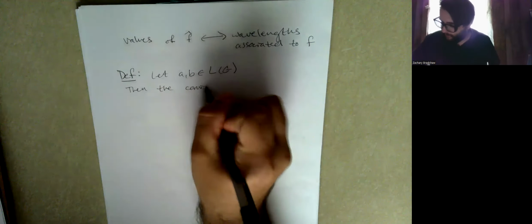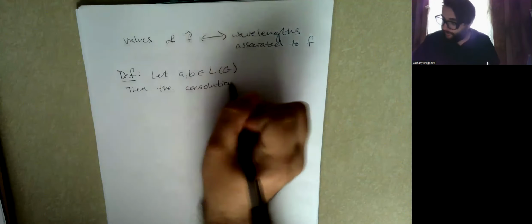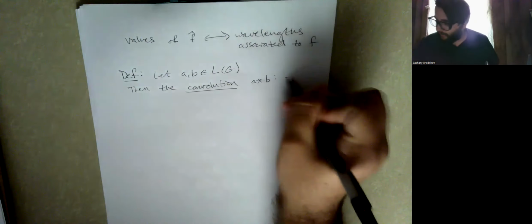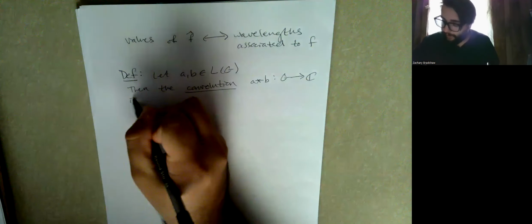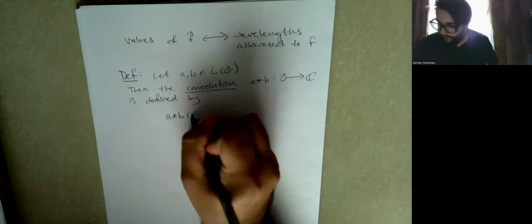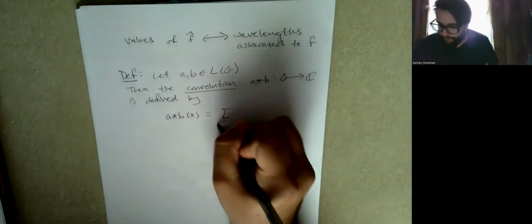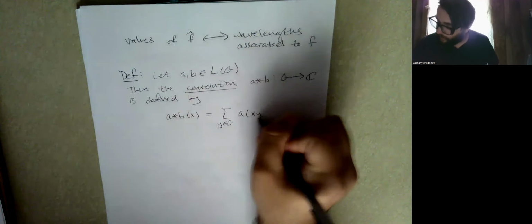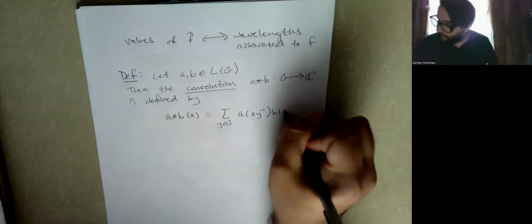Then the convolution A star B, which is a map from G to C, so it's another element of L of G, is defined by A star B evaluated at x is the sum over y in G of A evaluated at x y inverse, times B of y.